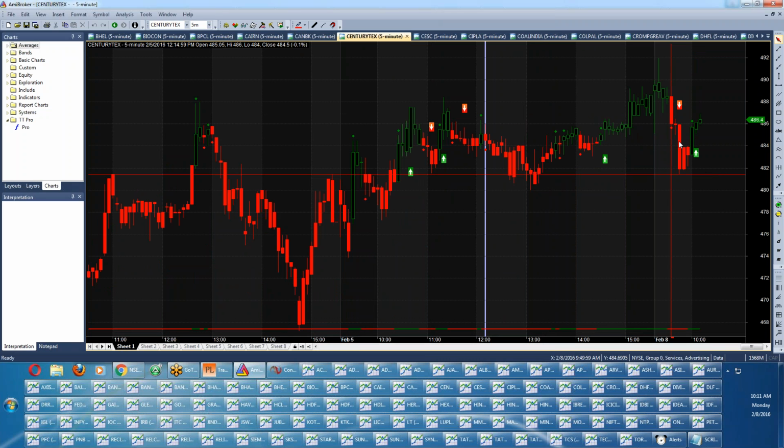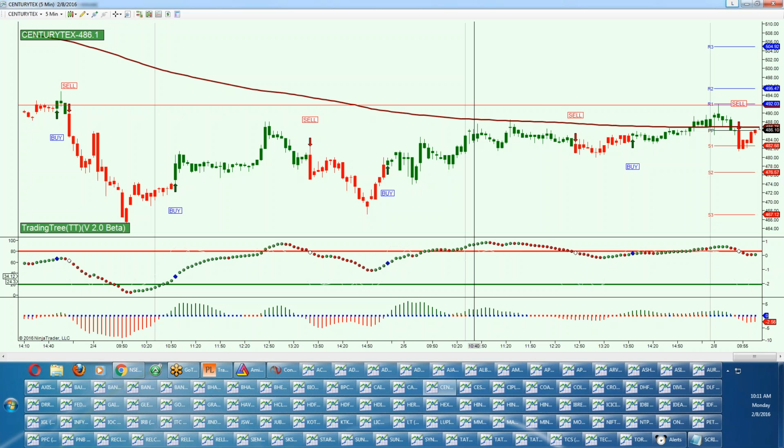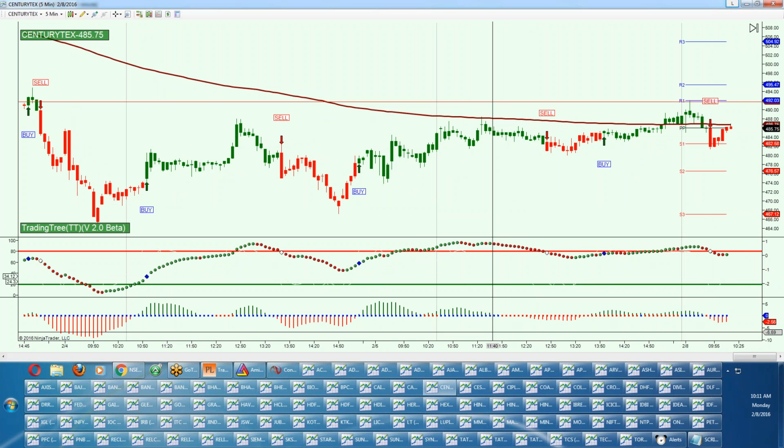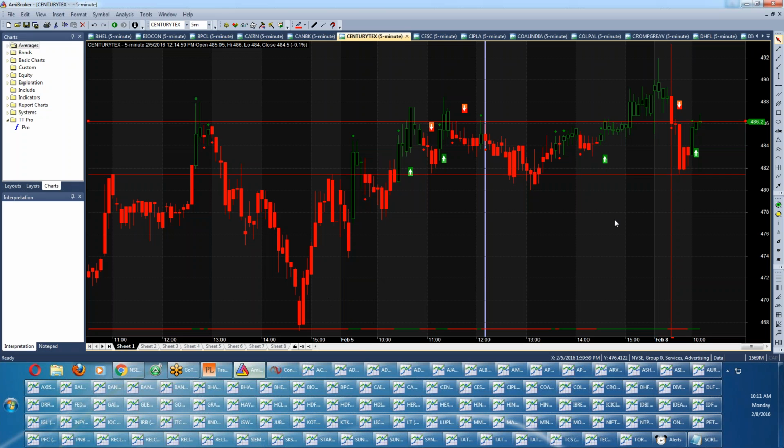Century, you can see that the sell is not triggered. We have a buy here. So our buy price will be this, 486. But in case if you just check here, we have not got that buy still, but we have an alert already there in your Ammyy.